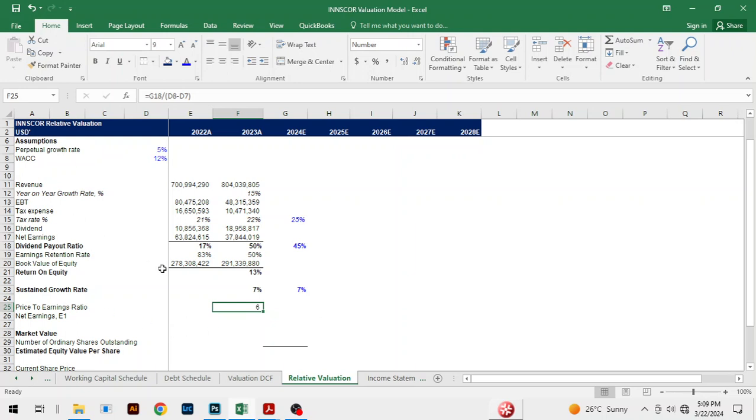And mind you that this discount rate is pre-tax, so I want to remove tax. I want to have an after tax, so I'll say multiplied by 1 minus this tax rate here. So here it will give us a price to earnings ratio of 11.